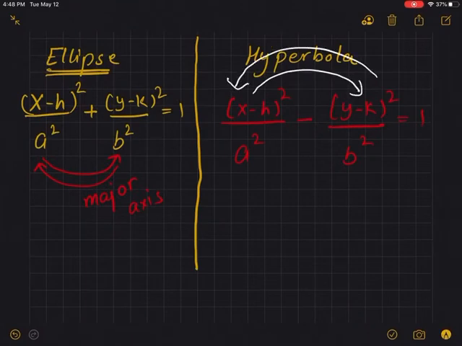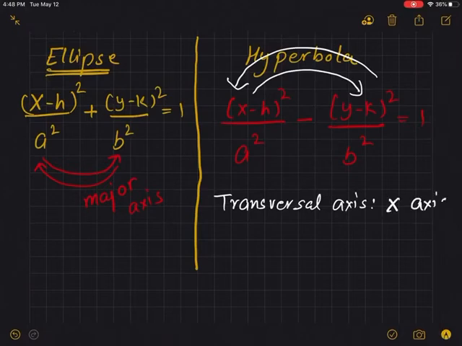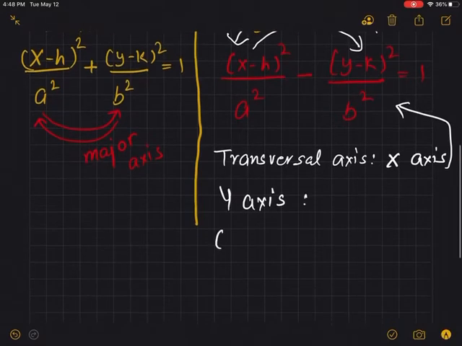But how would you know which one would come first? Here's the thing. It depends on the transversal axis. The transversal axis means the axis that has the hyperbola on it. If it's the x-axis, then this would be your equation. So x would come first and then y. If the transversal axis is the y-axis, then your equation would have y first.